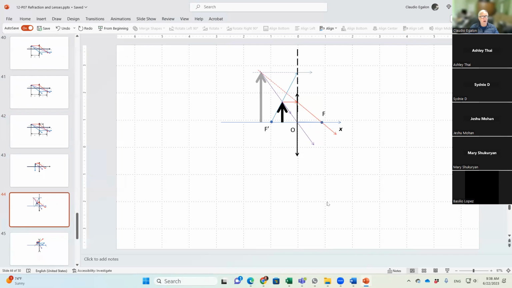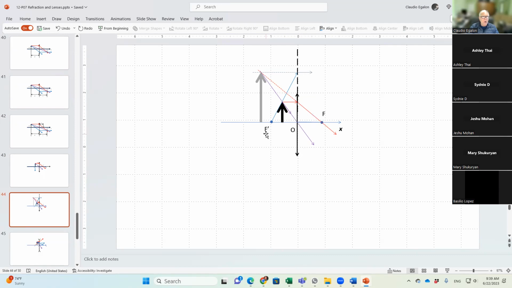Next one, between F prime and the lens. Just like before. Parallel light rays focus towards the focal point. The light ray that passes through the center of the lens goes through unrefracted. Note that those two light rays are diverging.